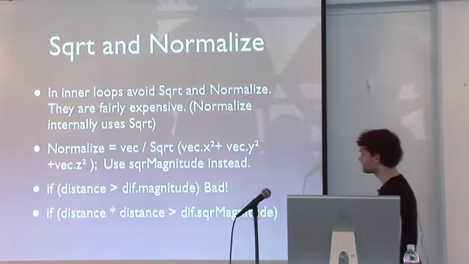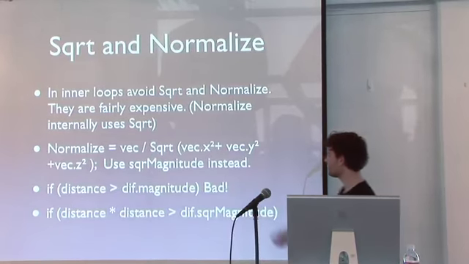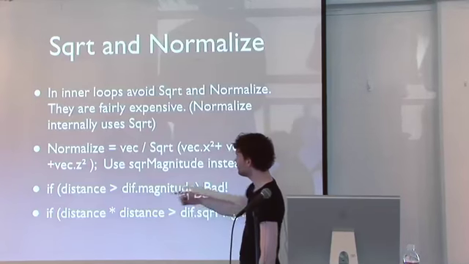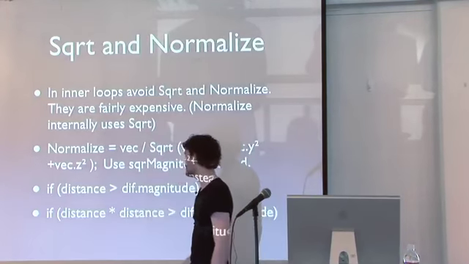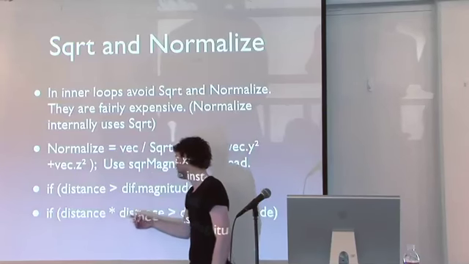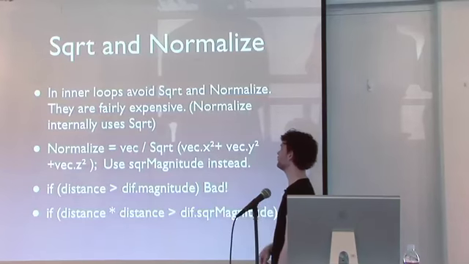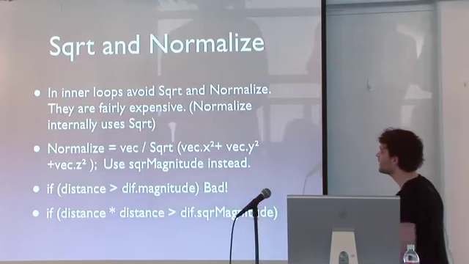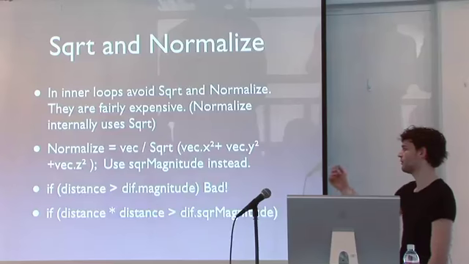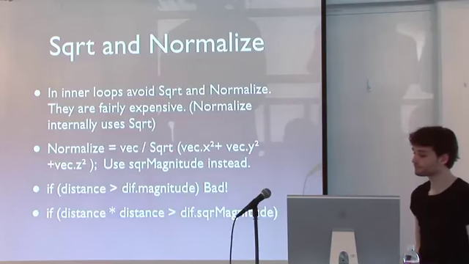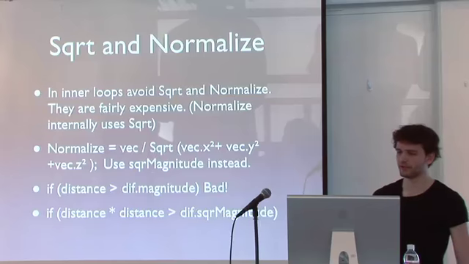Now you need to multiply the other side so you get a square as well. So you multiply the distance by the distance, which is really fast, one cycle. And this one is also really fast because it just has some multiplications and additions. Something like that can run in 10 cycles. The other one is running in 100. So you can save a lot there.